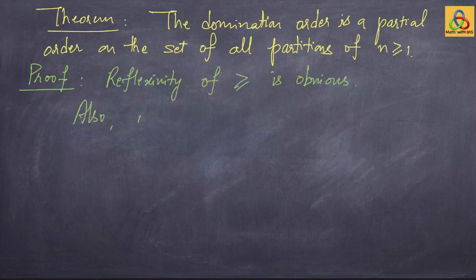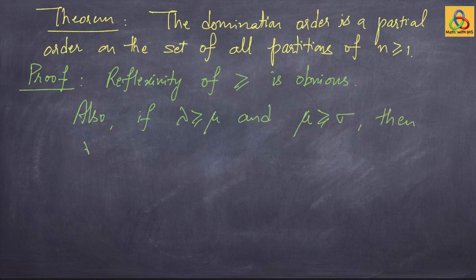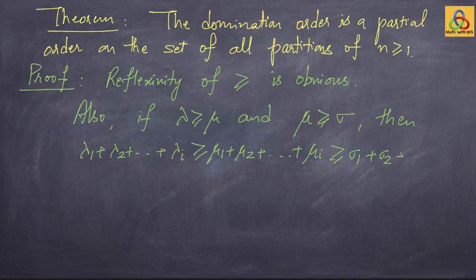Also, if lambda is bigger than or equal to mu and mu is bigger than or equal to sigma, then lambda 1 plus lambda 2 plus so on plus lambda i is bigger than or equal to mu 1 plus mu 2 plus so on plus mu i by definition of the order. But mu 1 plus mu 2 plus so on plus mu i is bigger than or equal to sigma 1 plus sigma 2 plus so on plus sigma i, right, for every i, because it's just an inequality of positive integers.